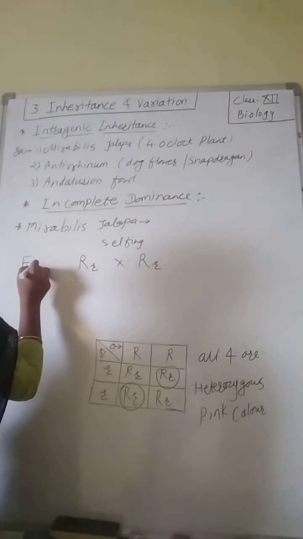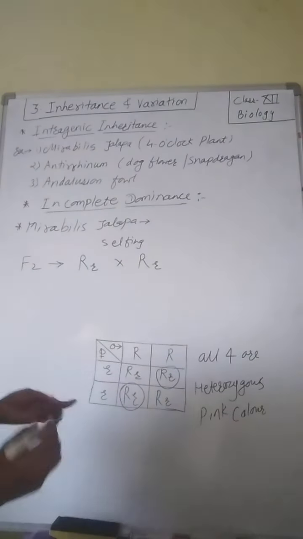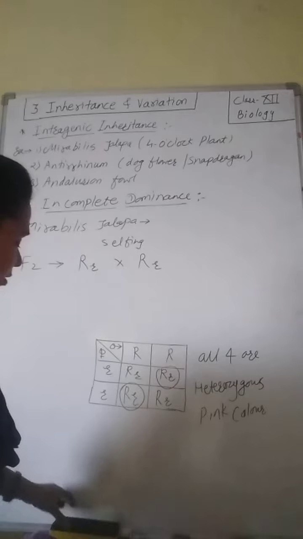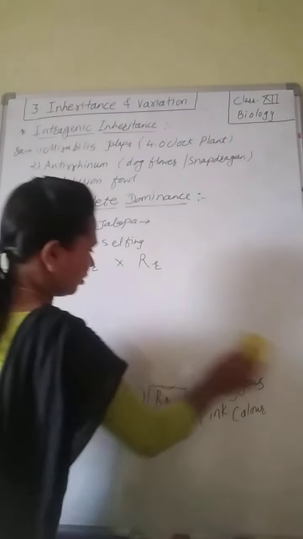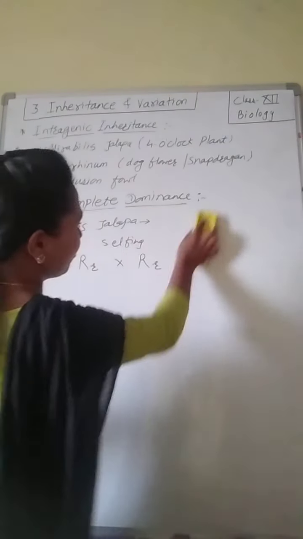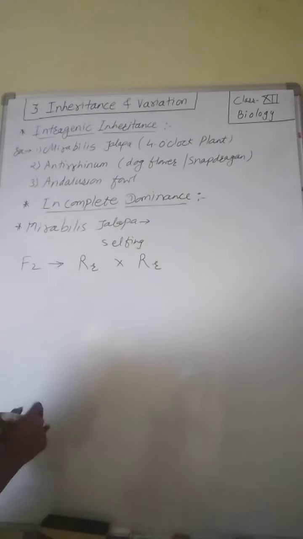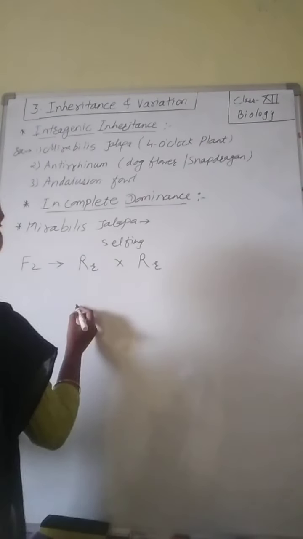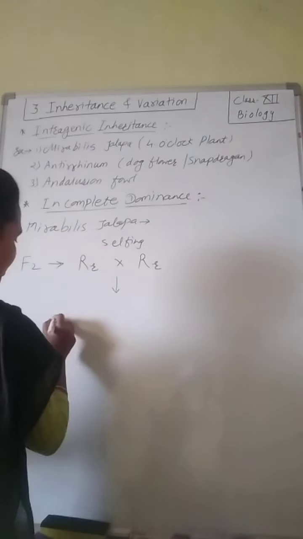This is the F2 generation. Again we have to find out the genotypes, so we use the Punnett square after the crossing.